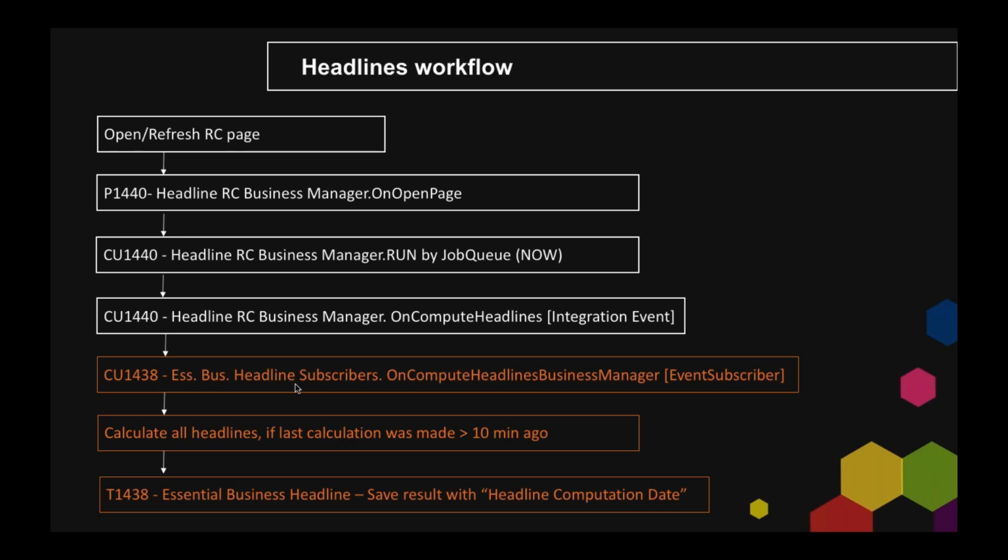So when the OnComputeHeadlines integration event runs, there is another event subscriber, OnComputeHeadline for Business Manager, and it triggers, and then it calculates all headlines if the last calculation was made more than 10 minutes ago. Then it stores the results in table 1438.